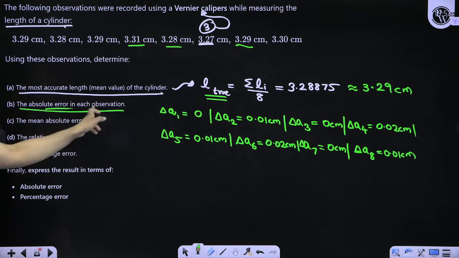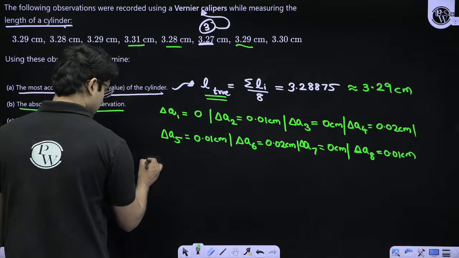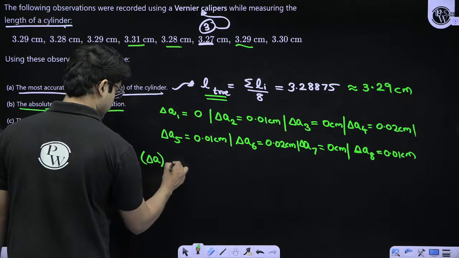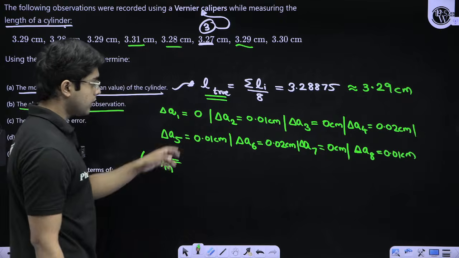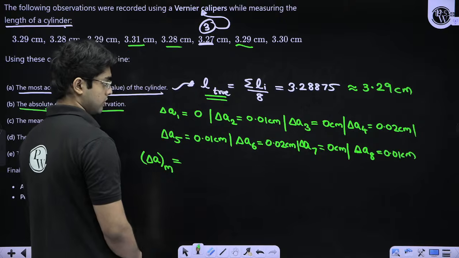Okay. Then C option is finding the mean absolute error. So absolute error, you have to find the mean value of this. So how do you do that? Mean of anything is you add everything up and divide it with the number of observations.